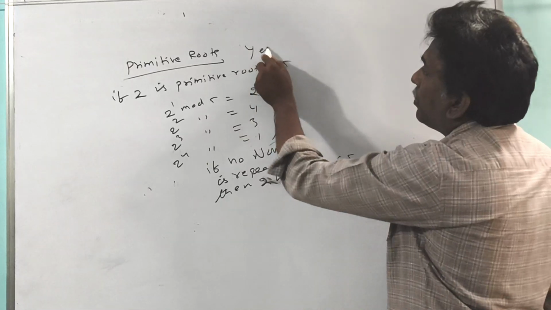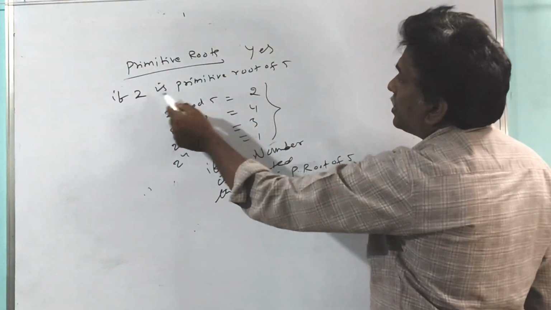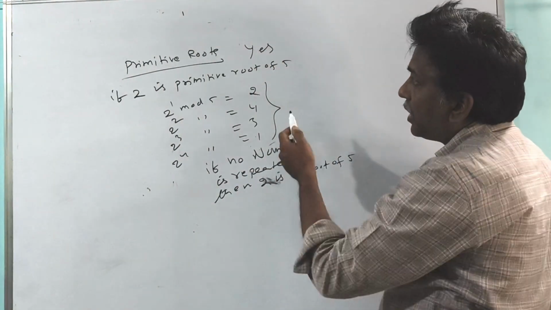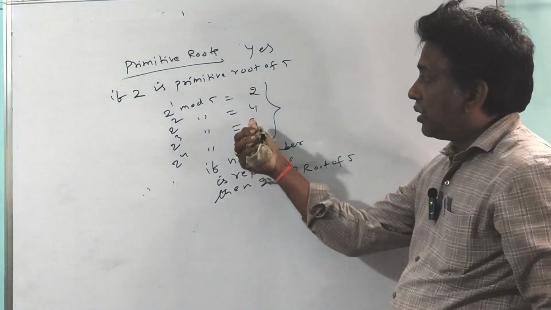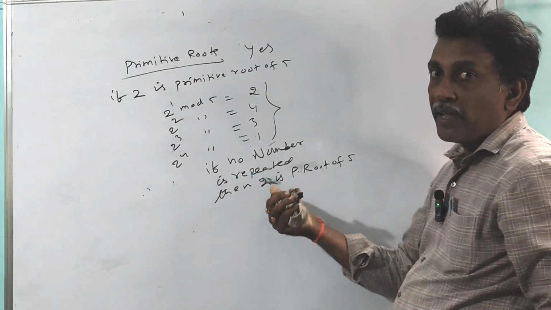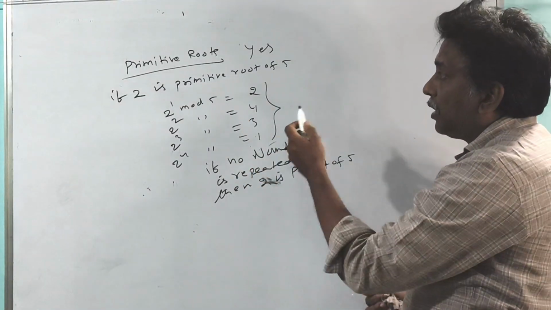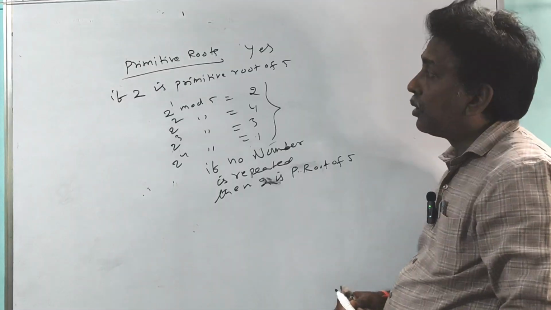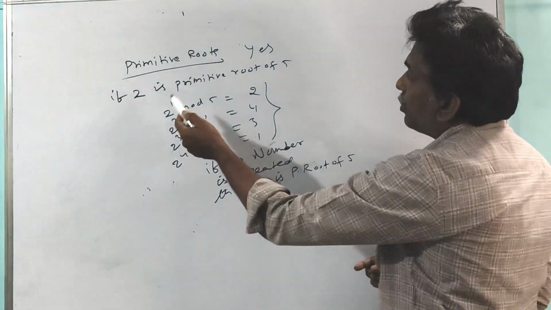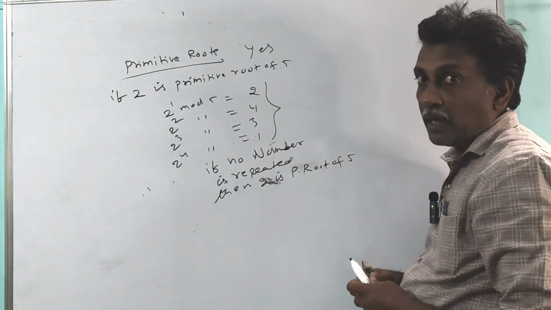If the question is asked, then it is yes. If in any case the residues appear twice or something like that, then it will not be the answer. If repetition happens, 2 is not a primitive root of 5, like that, right?